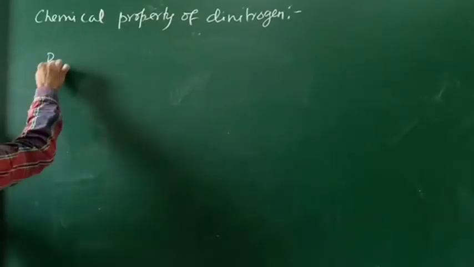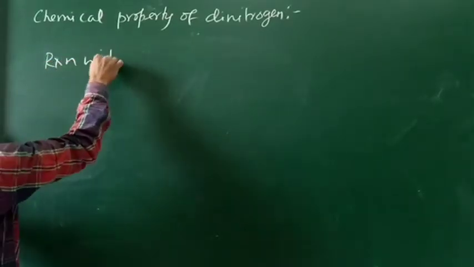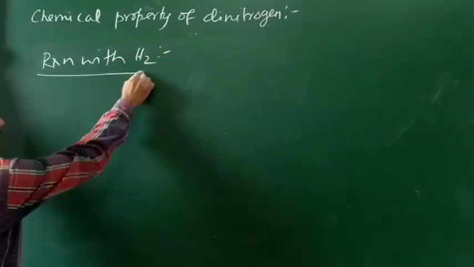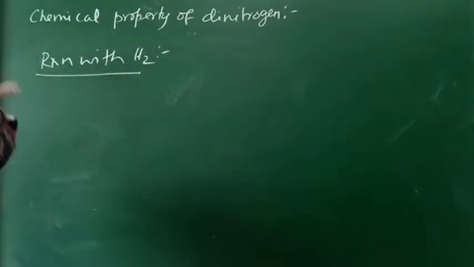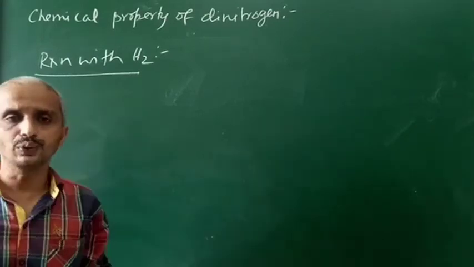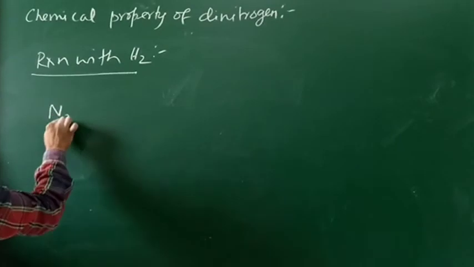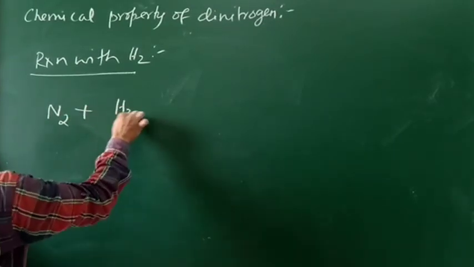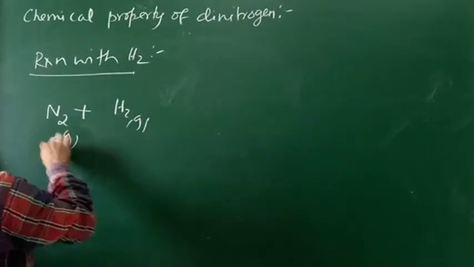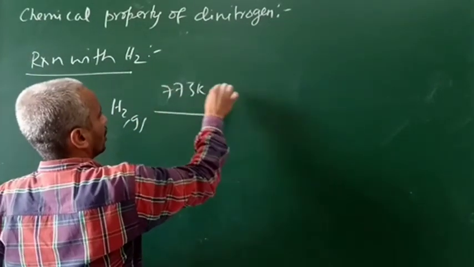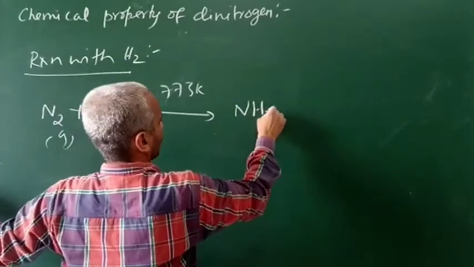Next one is reaction with hydrogen. Already mentioned, nitrogen is less reactive, at normal temperature no reaction. So nitrogen when reacted with hydrogen gas and heated to 773 Kelvin gives ammonia gas.